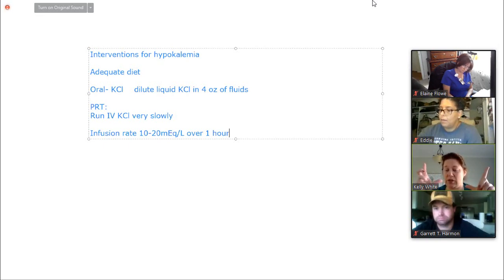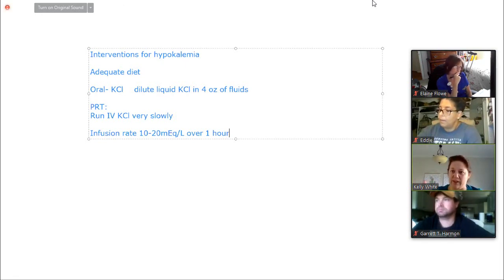Okay. So when a doctor writes an order that says give 40 milliequivalents of potassium now or stat, that doesn't mean that you are going to right now infuse 40 milliequivalents. That means you're going to initiate that first 20 milliequivalent bag and then follow it up with a second one to give that total dose.